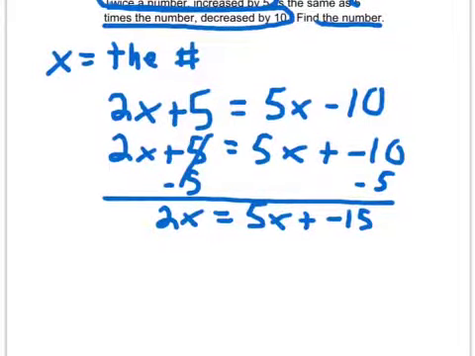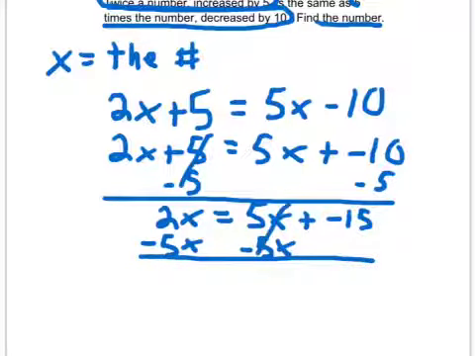Now I've got to get the variables only on the left side, so they can't be on the right side. So I do -5x to both sides. These cancel, and I've got -15, and 2x plus -5x is -3x.